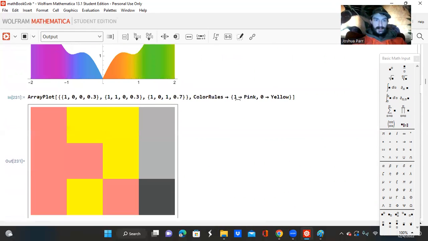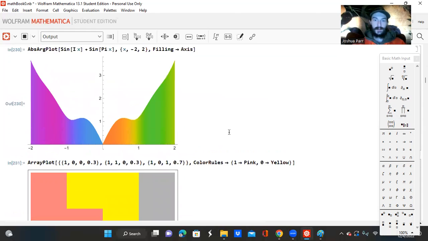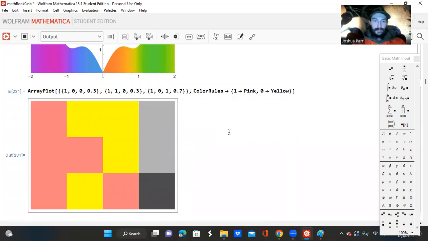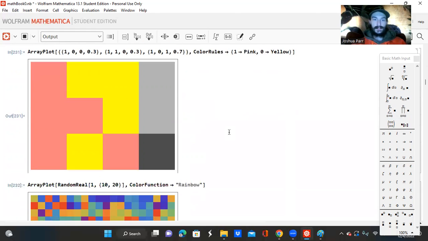So here is something. This is an array plot. Now, if you've seen when I was making quantum states, quantum operators and things, this is how they pop up. The Wolfram language turns them into an array that has a heat map to it, with different colors depending on what you're doing, for what the operator is and what its value is.